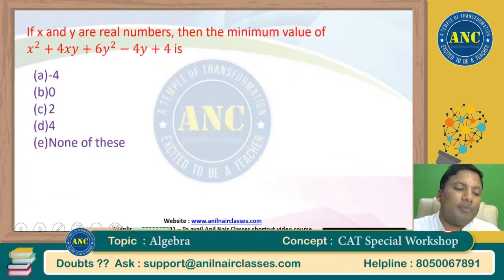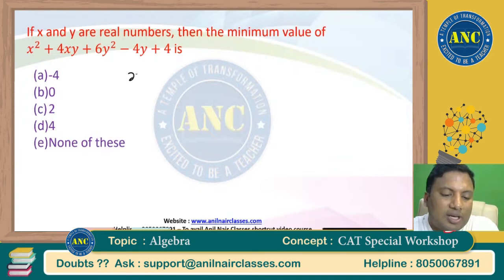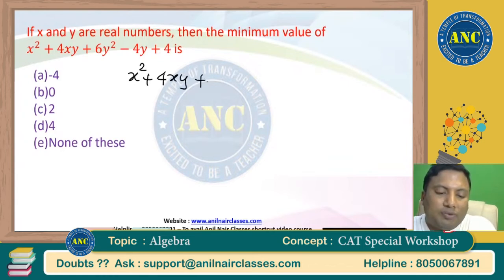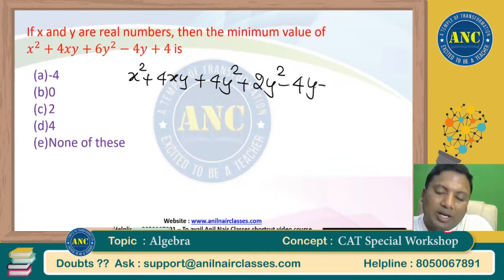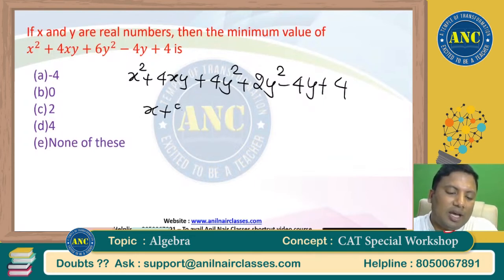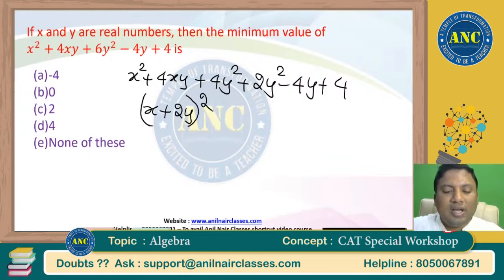Next one. x square plus 4xy plus 6y square minus 4y plus 4. This can be written as x square plus 4xy plus 4y square, plus 2y square minus 4y plus 4. The first part is x plus 2y whole square: x square, 4xy, 4y square.